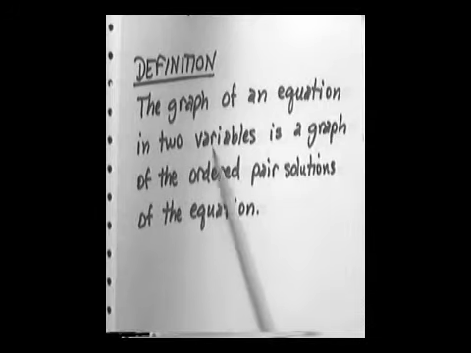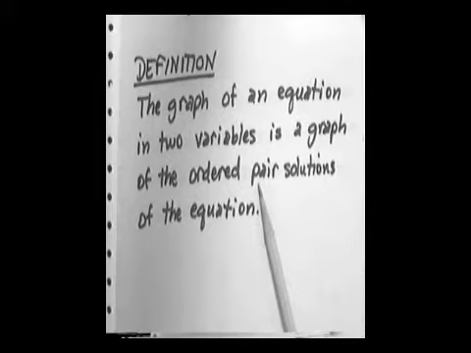Since we have 2 variables in our equation, each solution is an ordered pair.